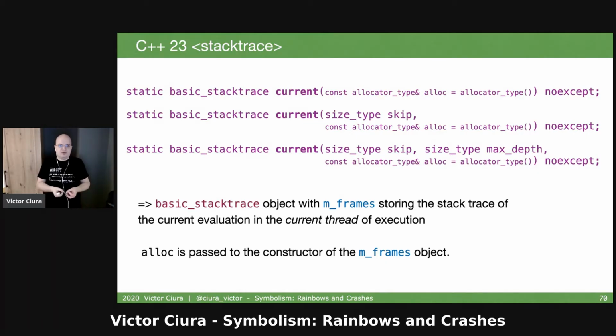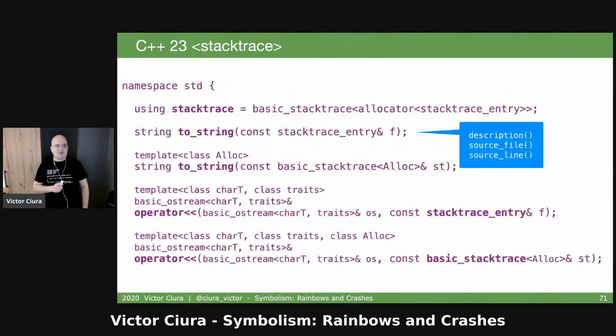and this is how you would initiate and get a hold of a stack trace on the current thread of execution. You have the helper functions toString. You have the IOStream operators to log easily.